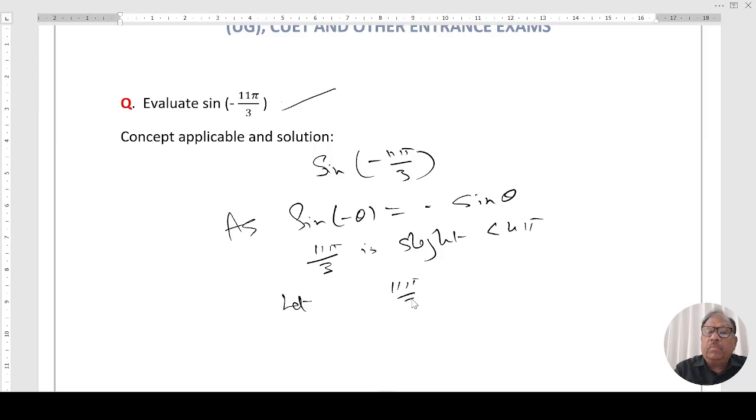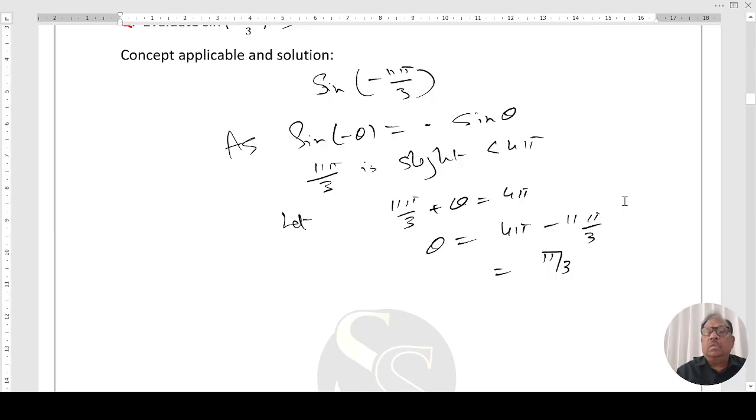11 pi by 3 plus theta equal to 4 pi. So theta comes out to be 4 pi minus 11 pi by 3, that is pi by 3. Therefore, this can be written as sine of 2 into 2 pi, that is 4 pi, minus pi by 3.